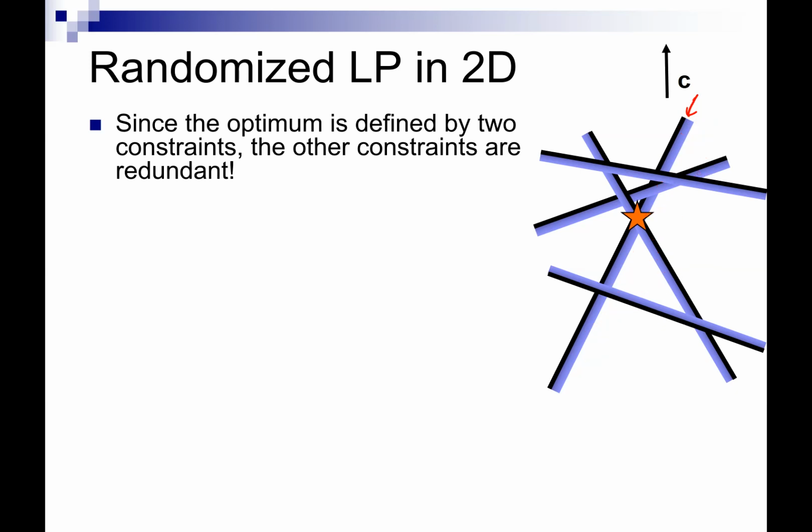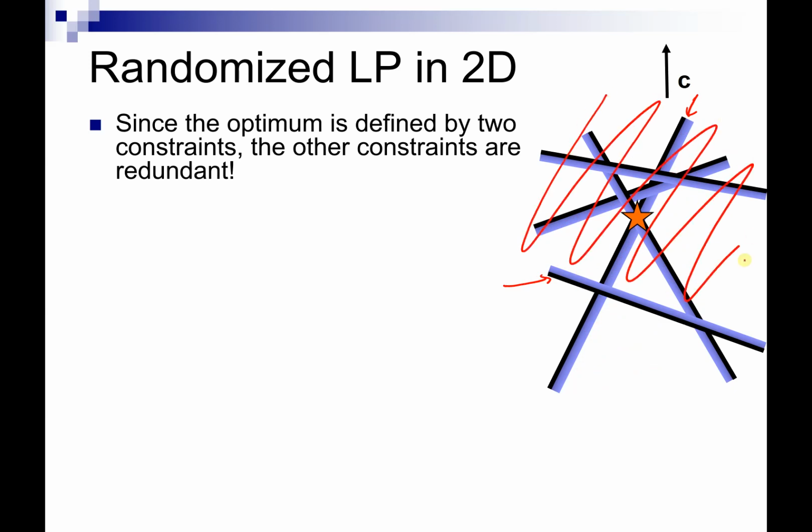Likewise, this line says that we can consider any point beneath this black line. Any point over here. And then for this line, the purple region points up, so we're allowed to consider anything above this line.